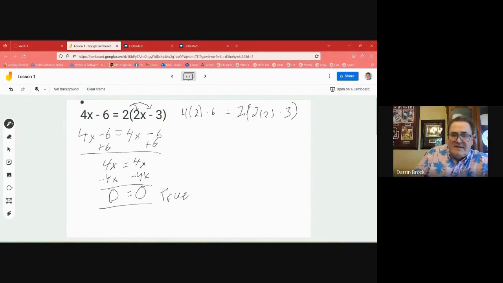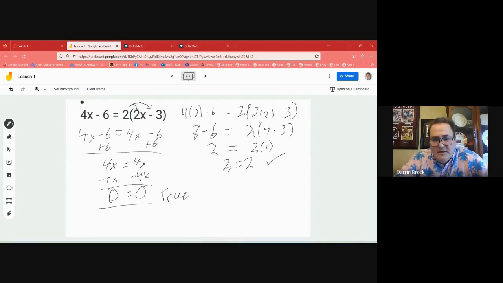So on this side, we got 4 times 2 is 8 minus 6. Over here, we've got in the parentheses first, 2 times 2, we've got a 2 outside. We got 4 minus 3. So this will be 2 times 1. Over here is 8 minus 6. So we've got 2 equals 2 times 1. 2 equals 2. Well, that's a true statement. So that x was a solution.